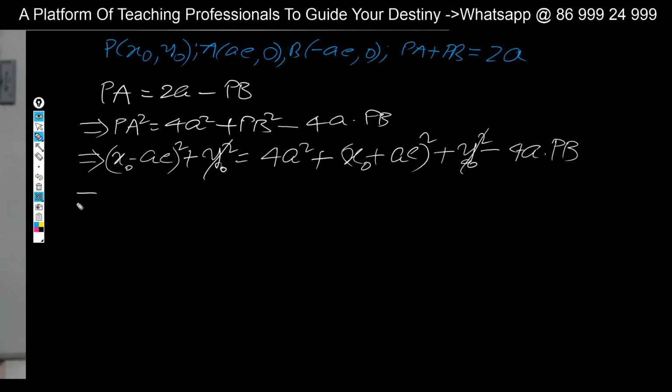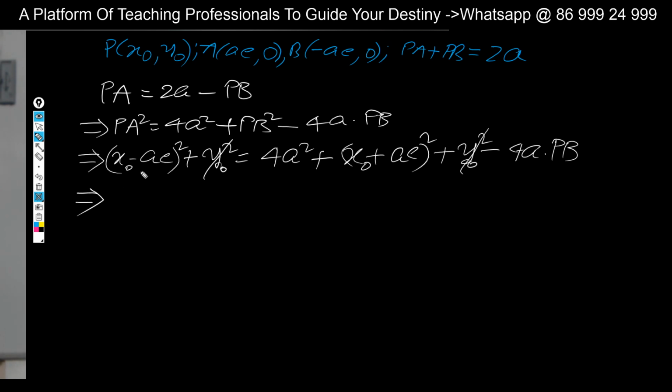Again, the formula I said in the previous problem: a minus b whole square minus a plus b whole square is minus 4ab.